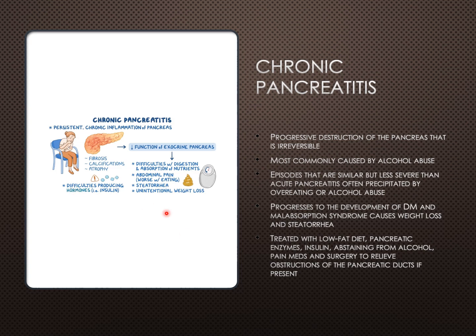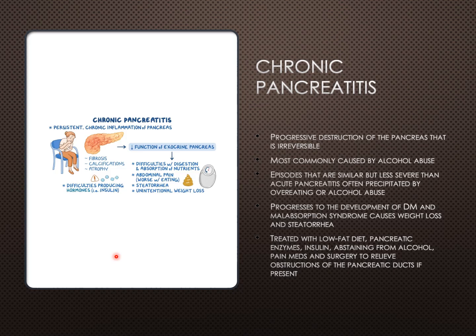You can see in the picture that the chronic inflammation of that pancreas is causing fibrosis of the tissue, calcifications, and atrophy to occur so that that pancreas is becoming destroyed. And so these patients develop things like diabetes because they can no longer produce the hormone insulin.